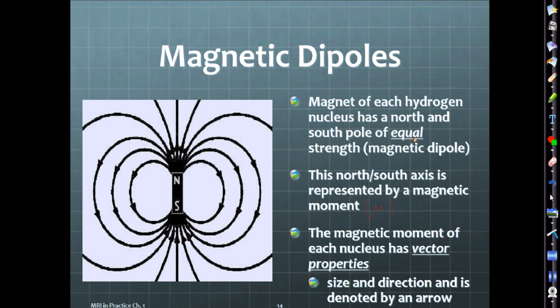Okay. And this magnetic moment has vector properties. Okay? So depending on how big that magnetic moment is and which direction it's pointing, you can have the size of the vector and the direction denoted by an arrow. Okay?